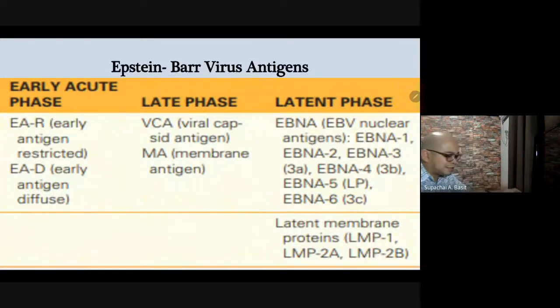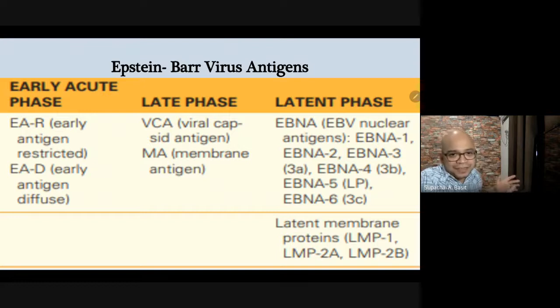Okay, so let's talk about the markers. During the early acute phase, we have the EA-R, the early antigen restricted, and the early antigen D, diffuse. Now, during the late phase, the markers are the viral capsid antigen or VCA, and the MA, the membrane antigen.